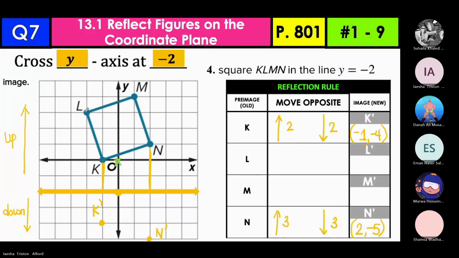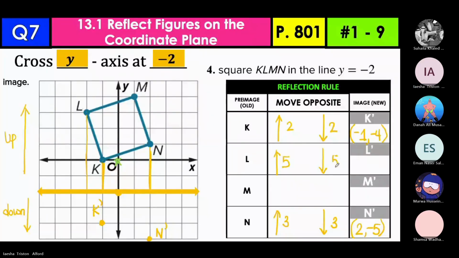and the M. So to get to L, it is up how many units? 5. 1, 2, 3, 4, 5. So if we want L prime, we should go down how many units? 5.